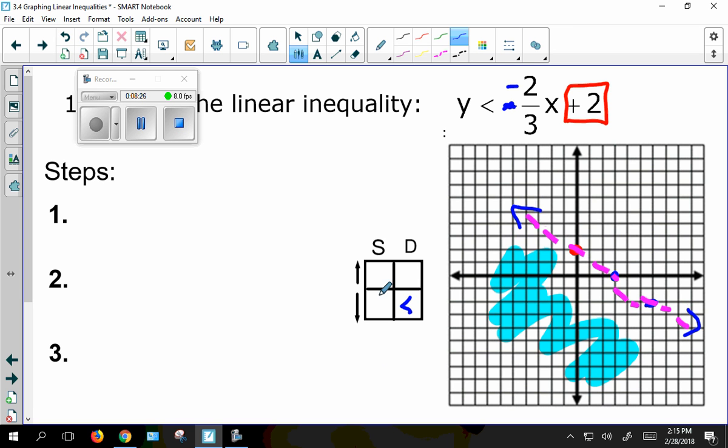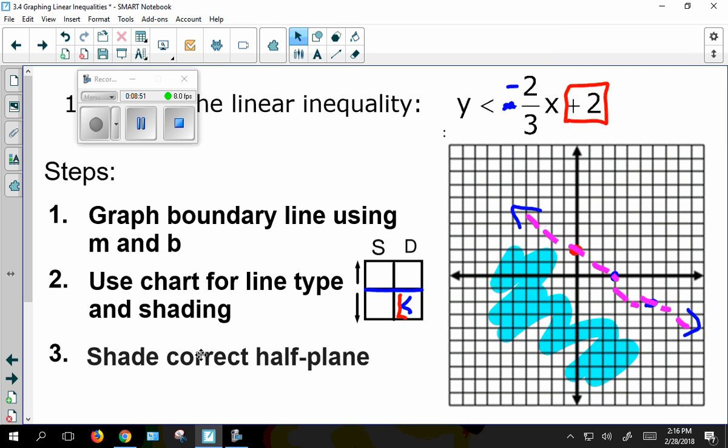Because it's an L, it goes below this line. It goes the same way as the L, so it has to go in the bottom, which means I shade below. Personally, I like if it's not eating the Y, you shade below. If it eats the Y, you shade above. That's easier for me to remember, but whatever you want to do, it's up to you. If you want to use this, you go right ahead.